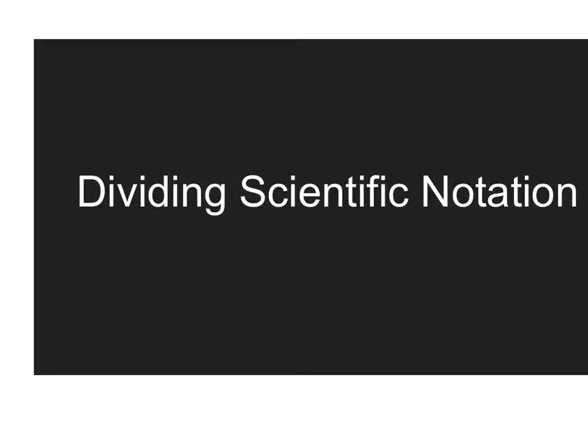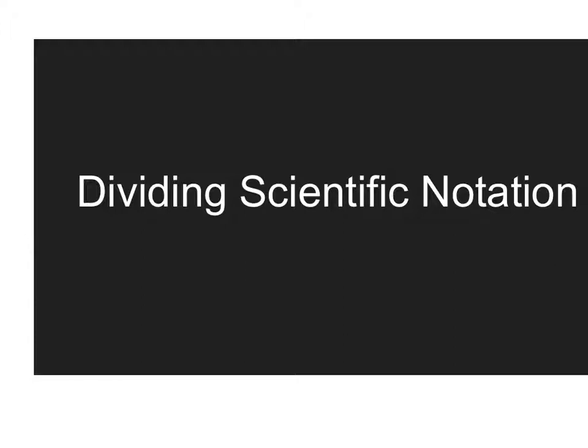Alright guys, so now that you've done multiplying in scientific notation, now we're going to go on to dividing in scientific notation. Dividing is pretty similar to multiplying, but there's just a couple of differences.